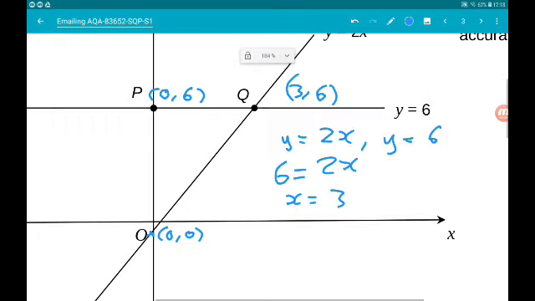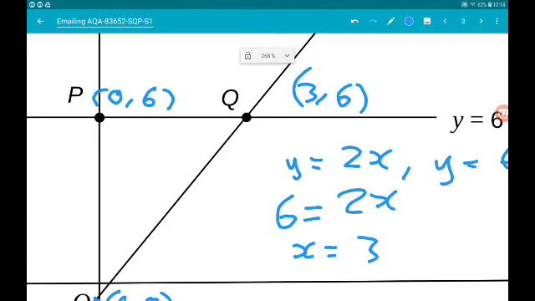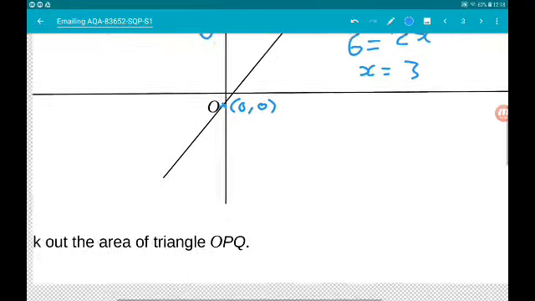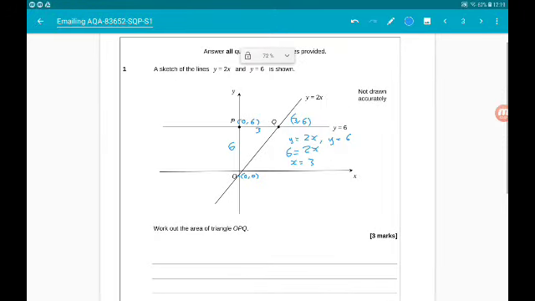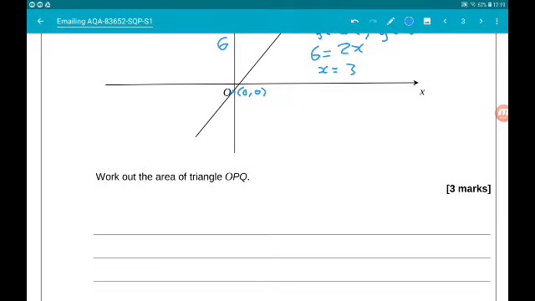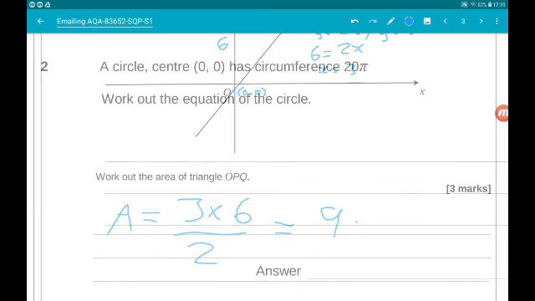So we now know that the base of the triangle is 3. The height of the triangle is 6. Area of a triangle is base times height divided by 2. So the area is 3 times 6 over 2, which is 9.